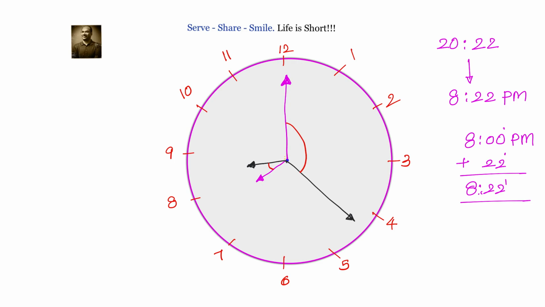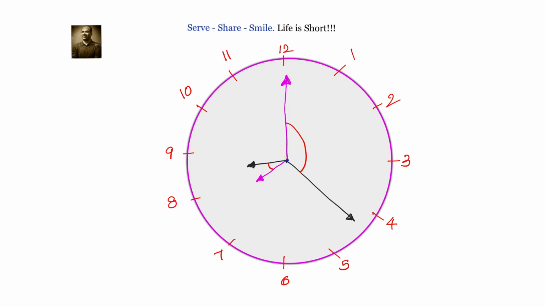Now to move forward, we have to understand by how much angle the hour hand and minute hand will move in 1 minute. So let's understand that. We know that in 1 hour the minute hand moves from here and goes all the way around and comes back to here, which means that in 1 hour, 60 minutes, the angle covered is 360 degrees.